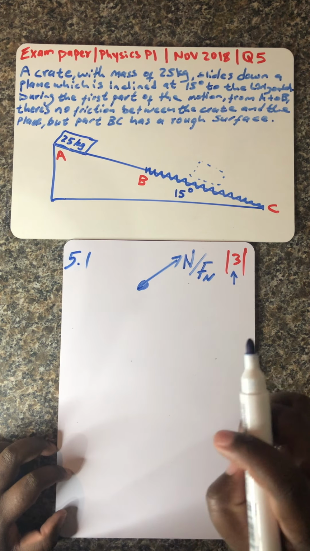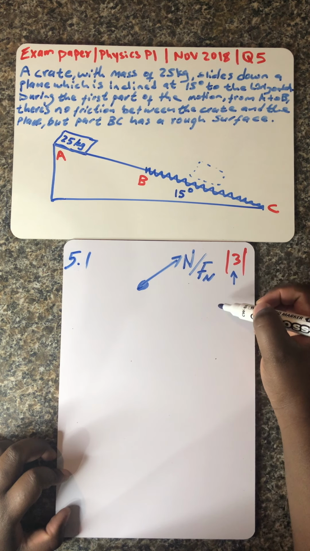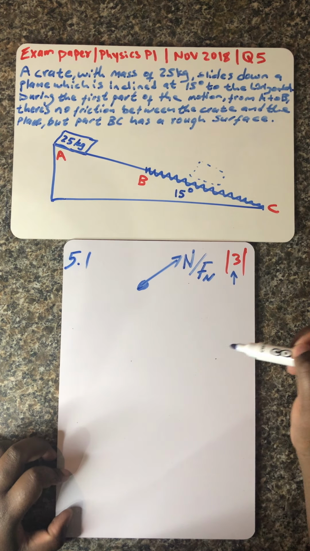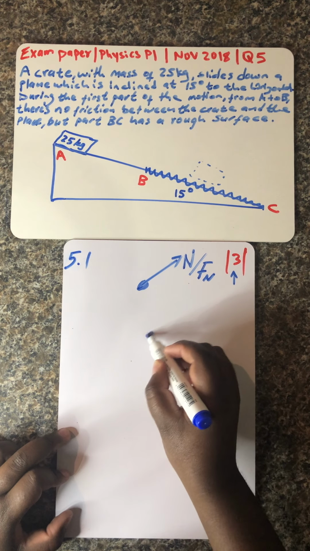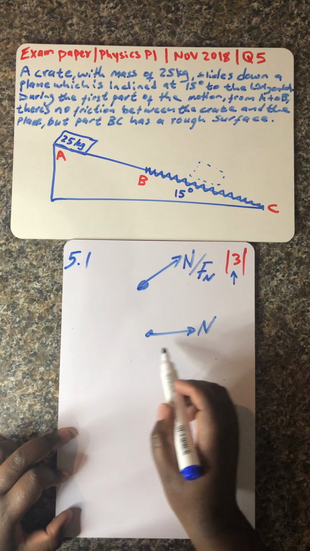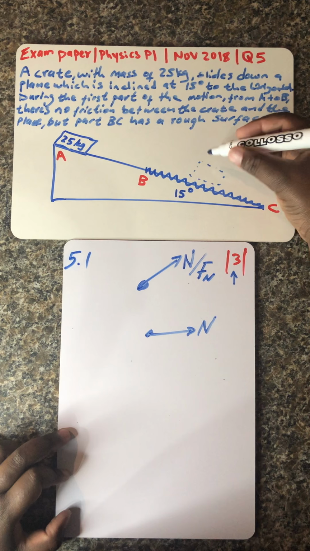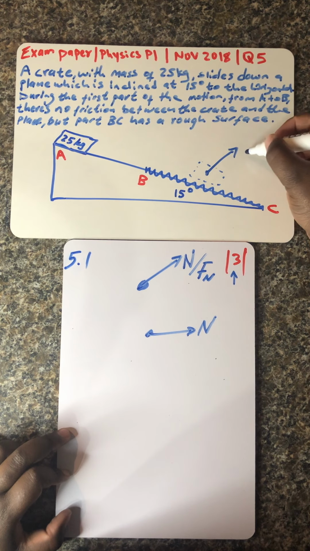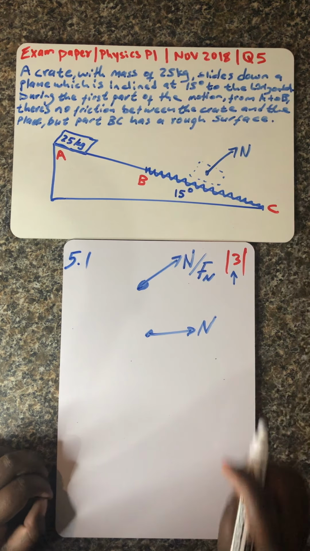But most importantly, that normal force is perpendicular to this incline. So you shouldn't just do a dot and say this will be a normal force. Can you see this line is not perpendicular to that line? So your force from there should be at that angle, which is perpendicular to that surface.